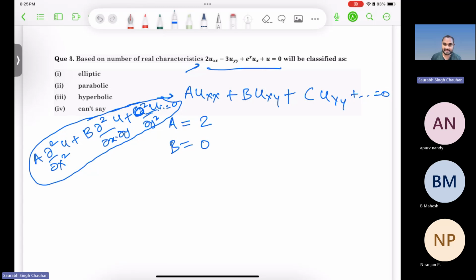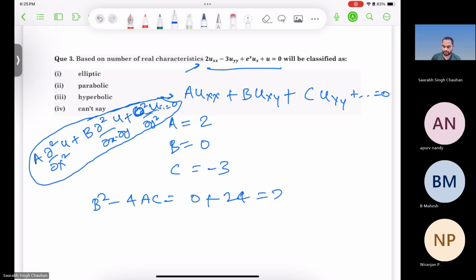And c is -3. So now you can easily find b square minus 4ac: 0 plus 24. 24. This is greater than 0.